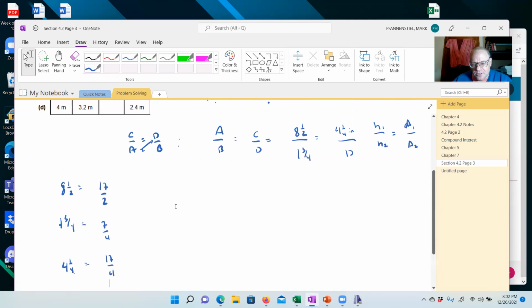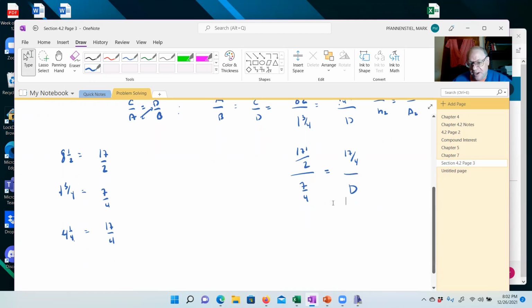So I'm going to go back and say, okay, we have 17 halves divided by 1 3/4, which is 7 quarters. This is equal to 17 quarters, which is the 4 1/4, divided by D. All right, hopefully that made sense.